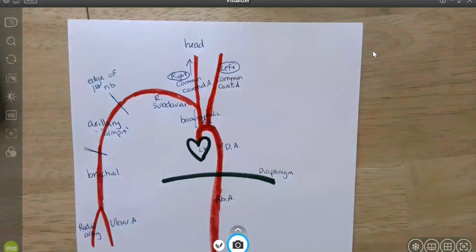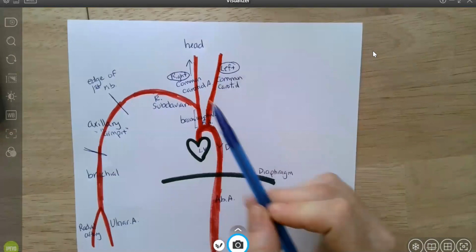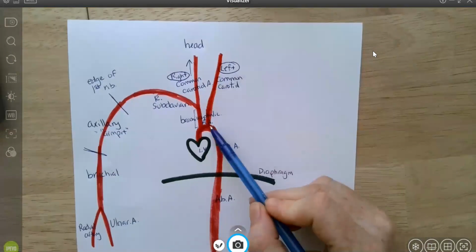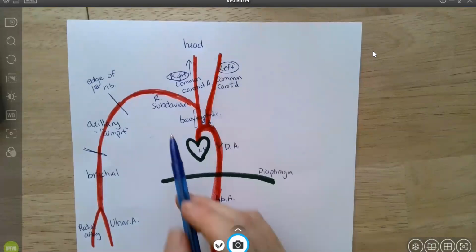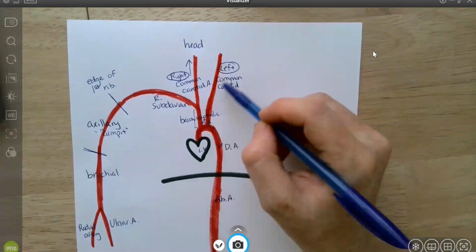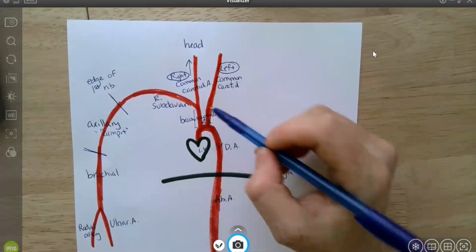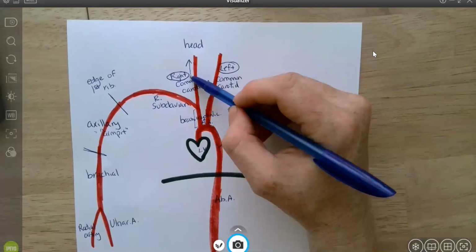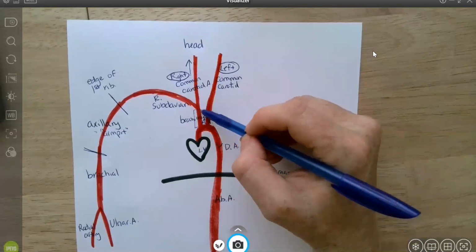And again, because it is not symmetrical with the right, see how it branches off of the aortic arch, that means that you have to designate right or left, okay? So this is the left common carotid artery off of the aortic arch, and this is the right common carotid artery coming off of the brachiocephalic artery, which is this piece right here.